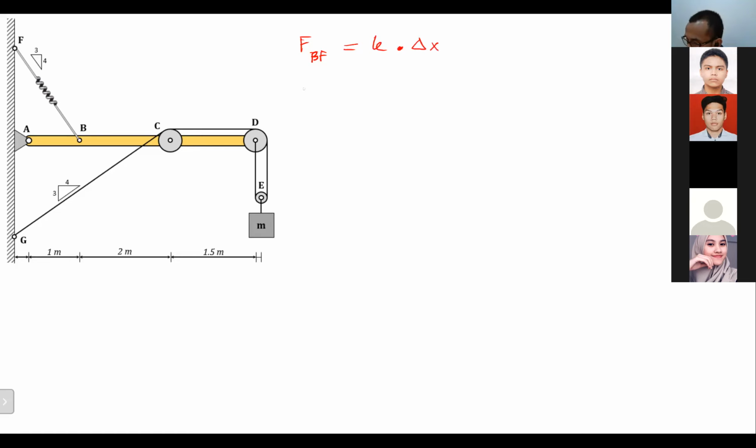So if you want to find K, just FBF divided by delta X. That's all. Yes, I stated that in my answer sheet, but I didn't find FBF.